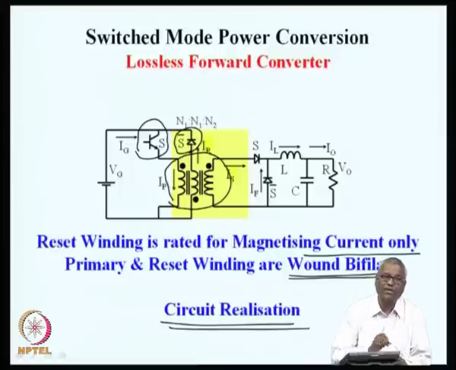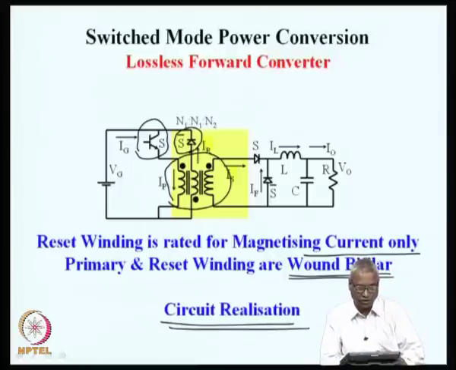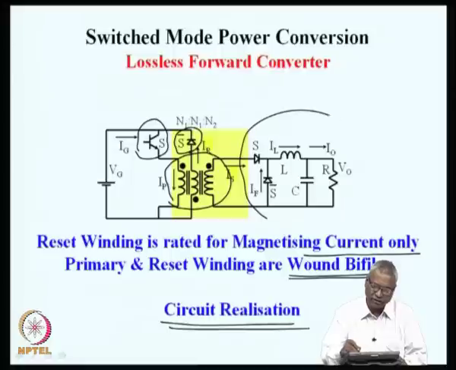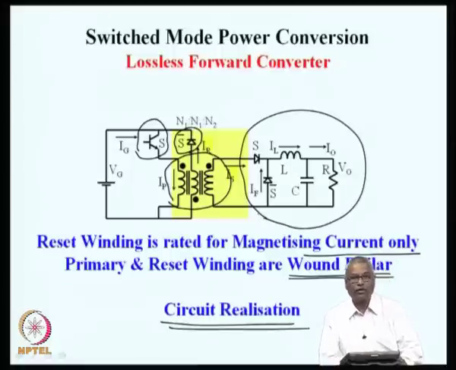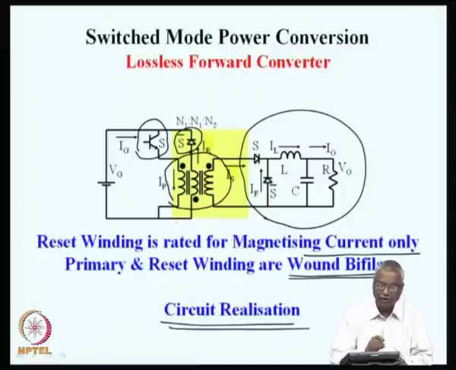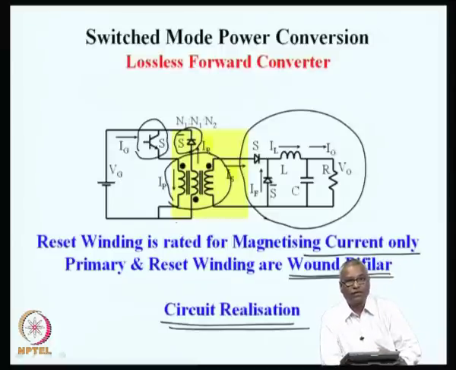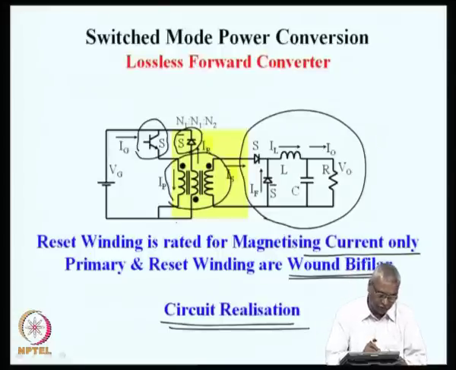So, a simple passive diode is used for this switch. The secondary part is just as before, just like a non-isolated converter. So, this type of forward converter is called a lossless forward converter, compared to the previous one, which was a lossy forward converter.